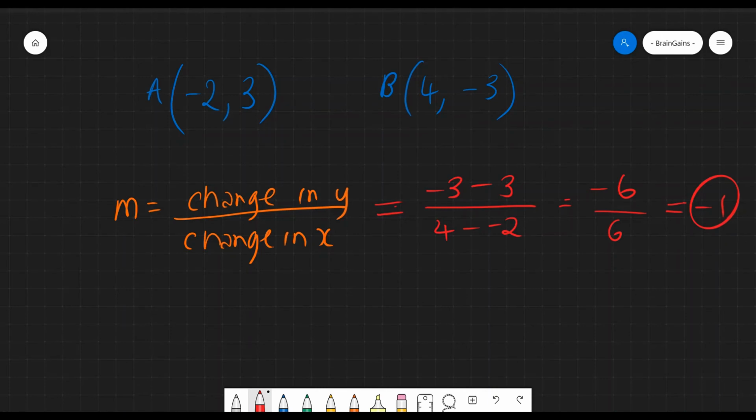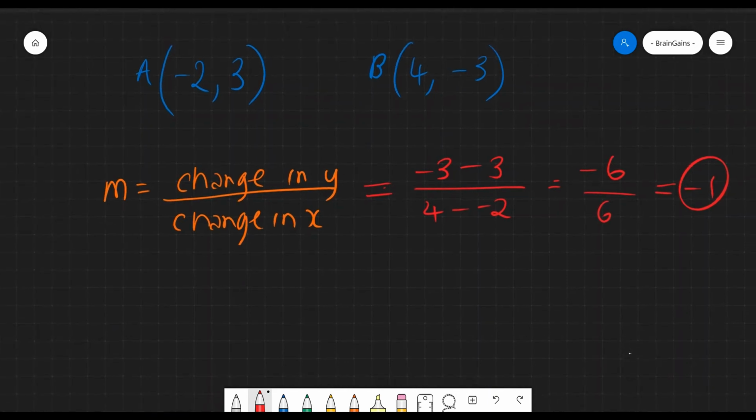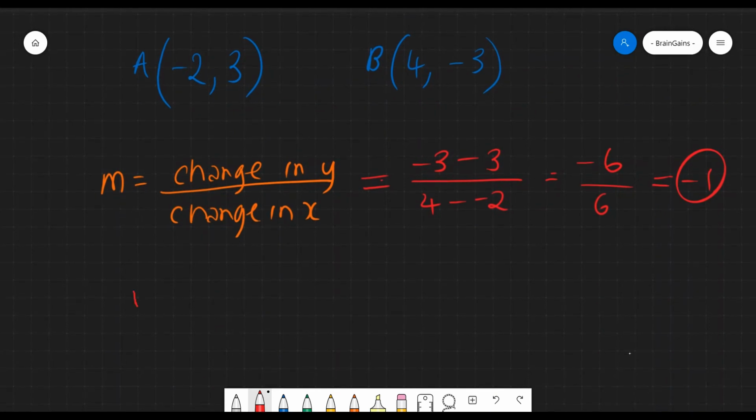Just like before, because we have the gradient of the line, we can find our y-intercept. How we do that is to substitute into the equation y equals mx plus c. Because we know our gradient, we can substitute that in, so we have y equals minus 1x plus c.